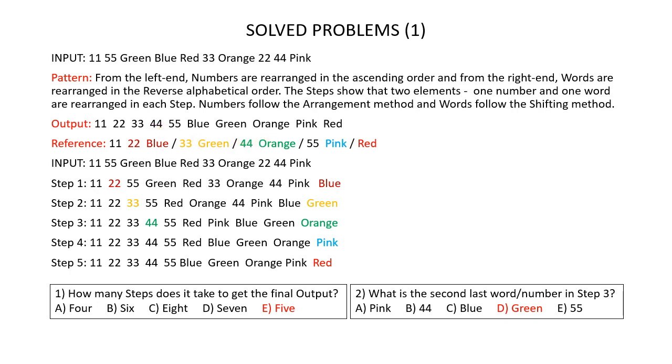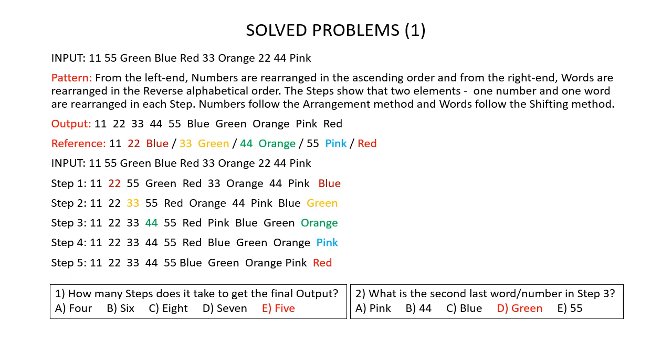The next set in the reference will be 55 and pink, and the last set will be red. So this is the reference line of words and numbers. Now you have to use this reference set while finding out the rearrangement steps.